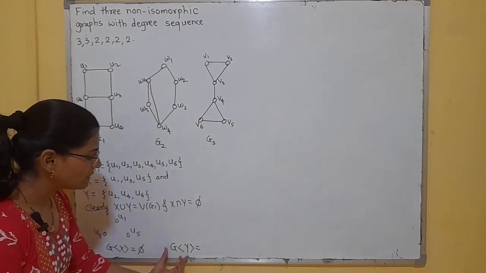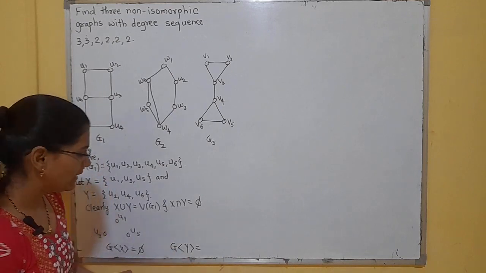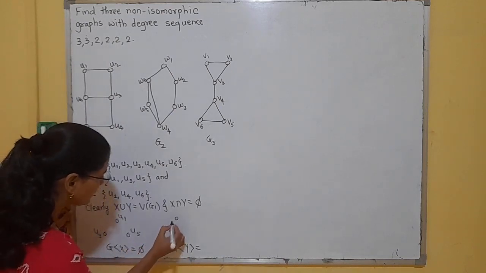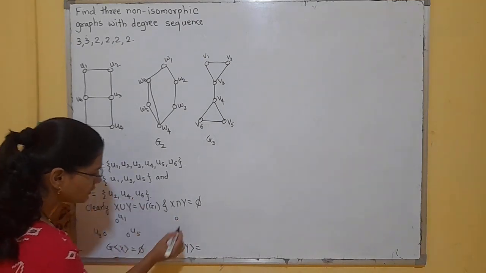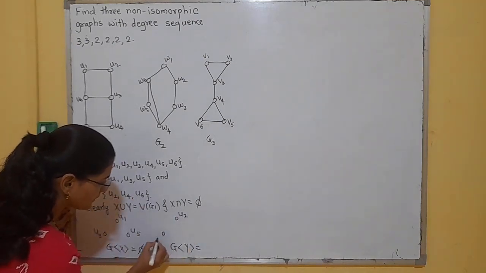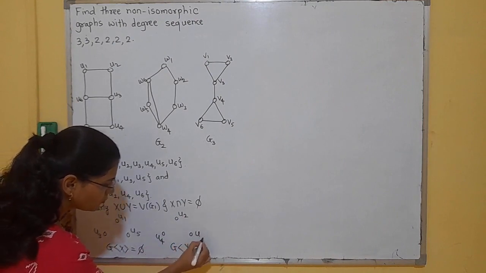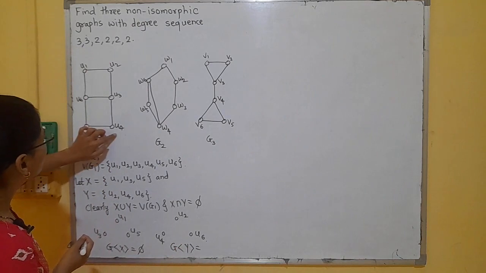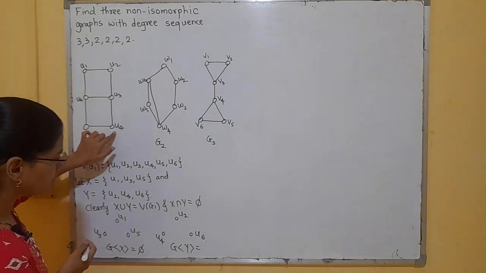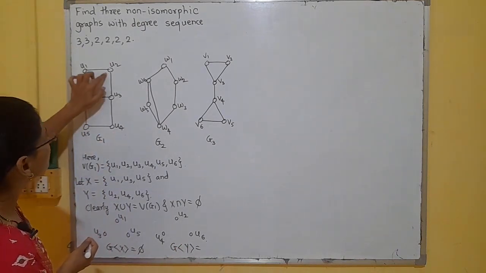Now we will check what the vertex induced subgraph on Y will be. I am drawing here the vertices of Y that are U2, U4, U6. There is no edge between U2 and U4, U6 and U4, and U4 and U2.